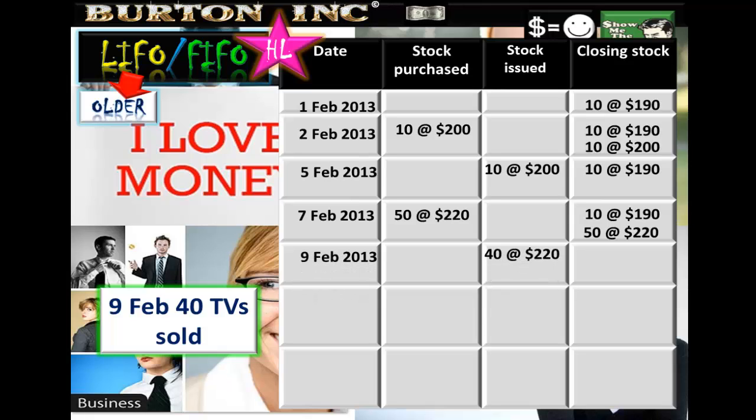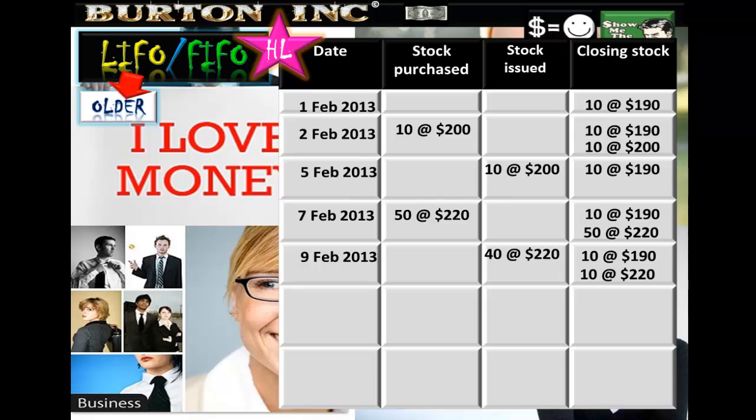We need to take those from our newer stocks. And if we take 40 of our newer stocks, that must leave us with only 10 left at $220, and we still have 10 there at $190. I hope you can see how it's starting to work now. LIFO, we want to leave ourselves with our older stock, so we're using up our newer stock as much as we possibly can.